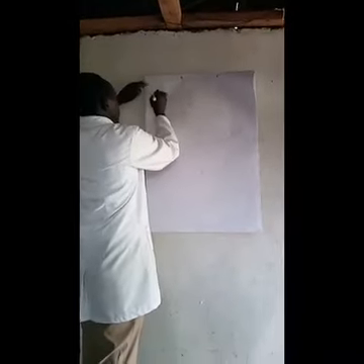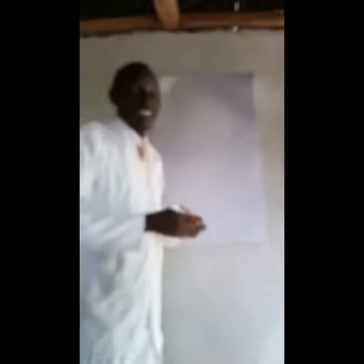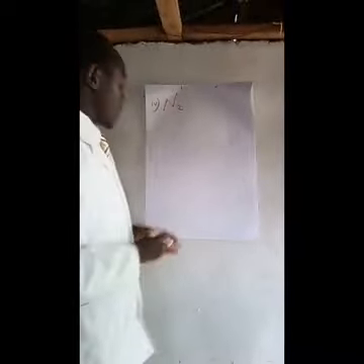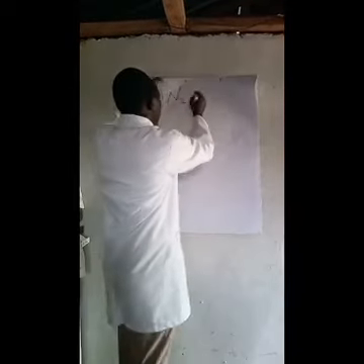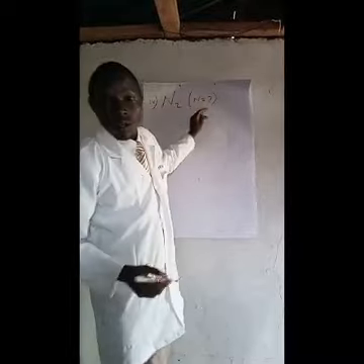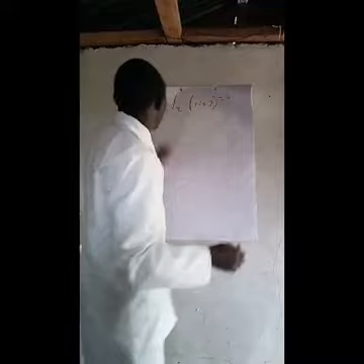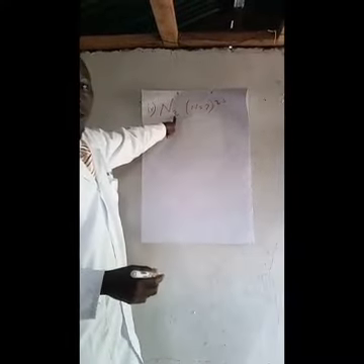Number 4, we look at nitrogen. We know that nitrogen is number 7. The electron configuration of nitrogen is 2, 5. So you have 2 nitrogen molecules again.